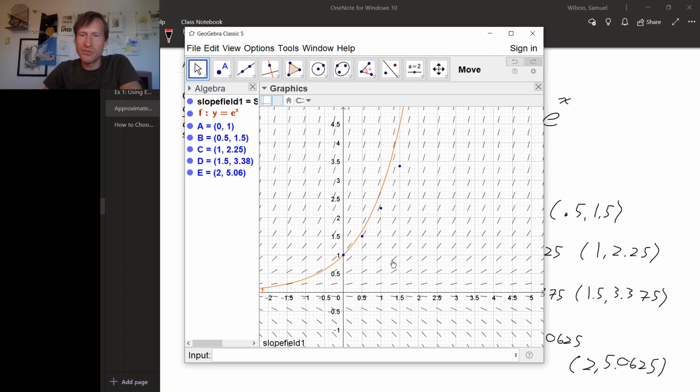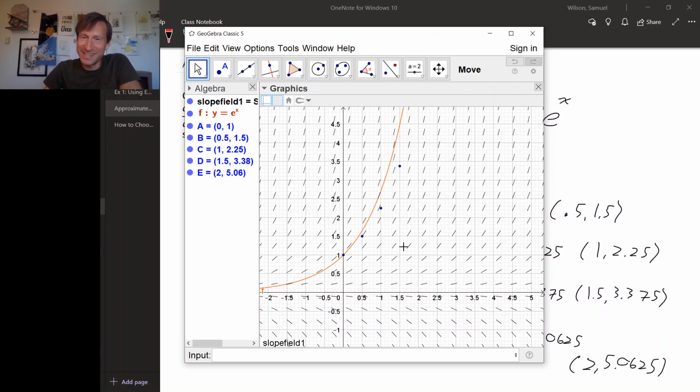And as you move further and further to the right, this error sort of compounds on itself. So even though we are heading upwards, after just a few steps, we're actually a fair ways lower than what the exact solution is. So Euler's method does give you some idea of what a solution looks like, but it is not an exact solution.